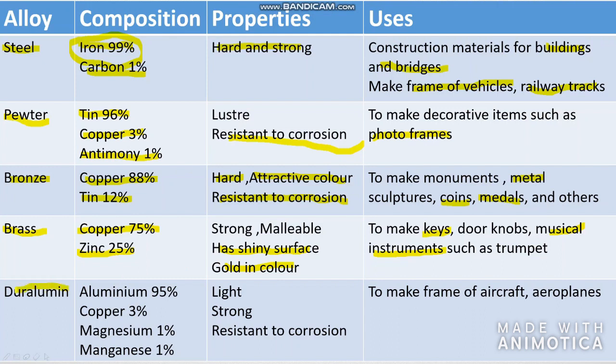Duralumin, as I said before, the major component in duralumin is aluminium, which is 95%, copper 3%, magnesium 1%, and also together with manganese 1%. Disebabkan duralumin ini dia sangat ringan, dia digunakan untuk membuat badan kapal terbang, and is strong and also resistant to corrosion. So this table sangat penting, so you may write down and then I will refer to this table.